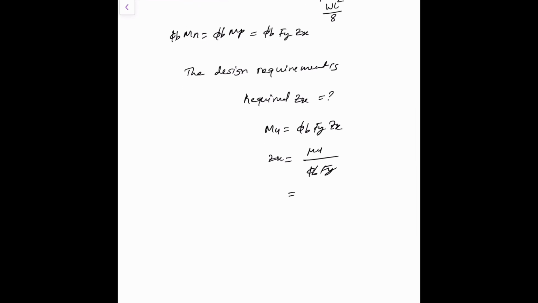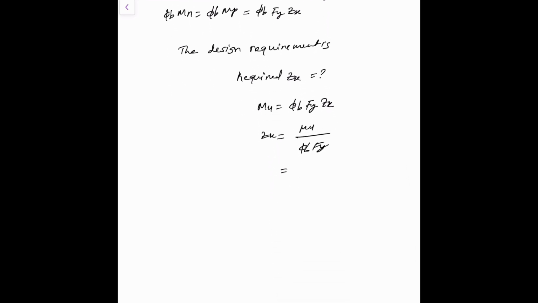So Zx equals the ultimate moment divided by phi b Fy, which equals 102 kip-feet divided by the resistance factor 0.9 and the yield stress.